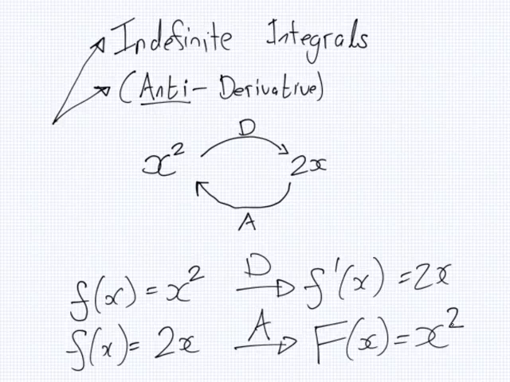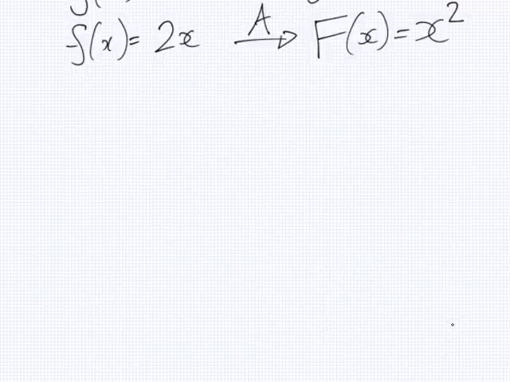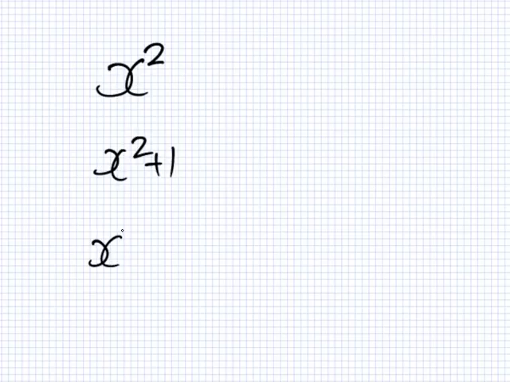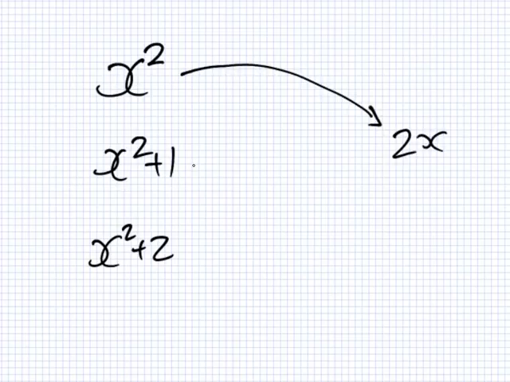Okay, can I scroll down? So there is a small problem here. For example, if I have x squared, x squared plus 1, and x squared plus 2, the derivative of x squared is 2x. The derivative of x squared plus 1 is 2x, and x squared plus 2 is 2x.